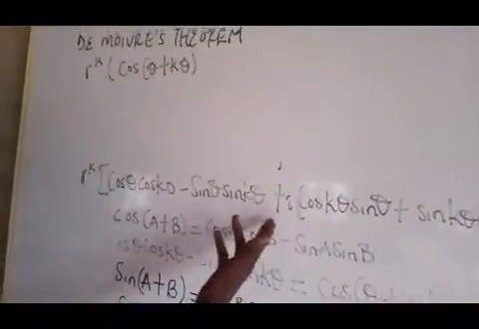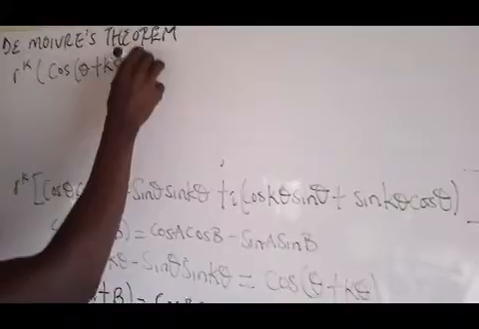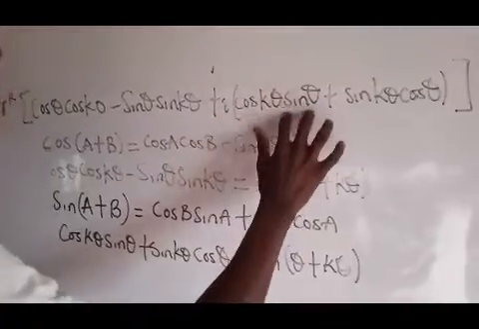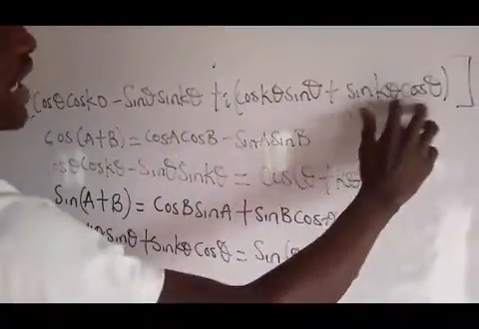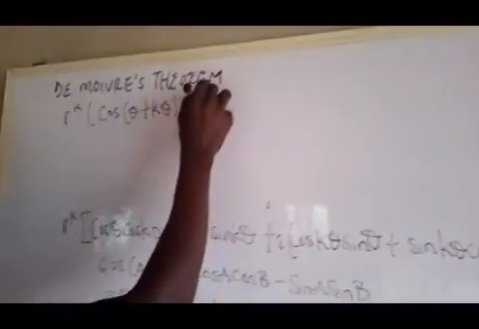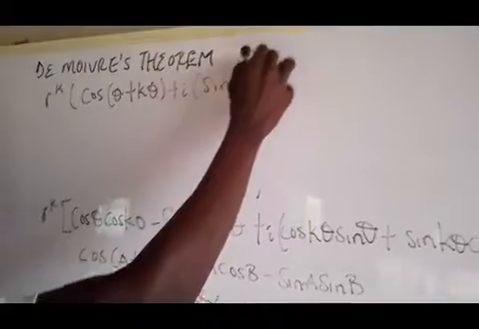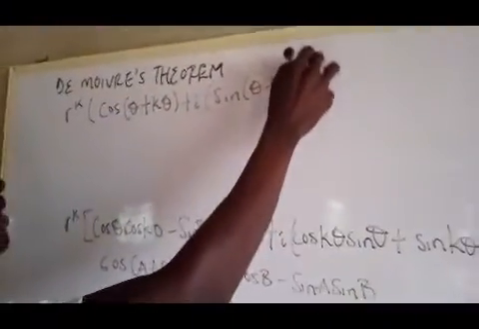K theta, plus I, all this cos k theta sin theta plus sin k theta cos theta has become what? Sin open bracket what? Theta plus what? K theta. Okay, are you getting that now?